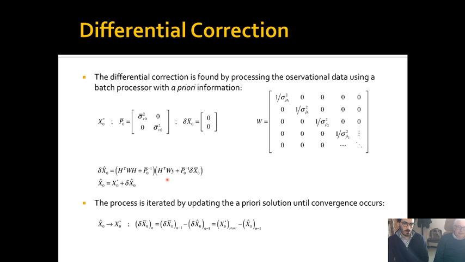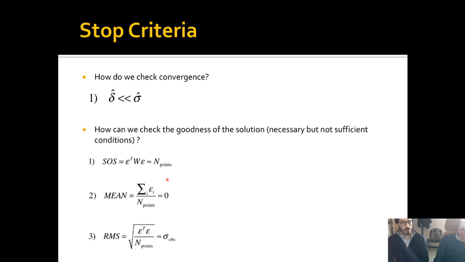I was saying there are also some quantitative means to verify if the filter has converged or not, and we will see them here. In general, the filter has converged when the further deviations of the state that you compute are small. At the first iterations you move the state quite a lot to fit the data.